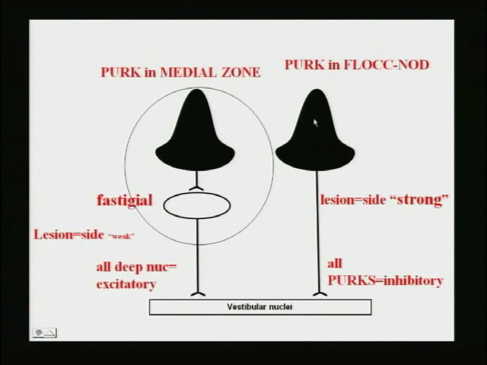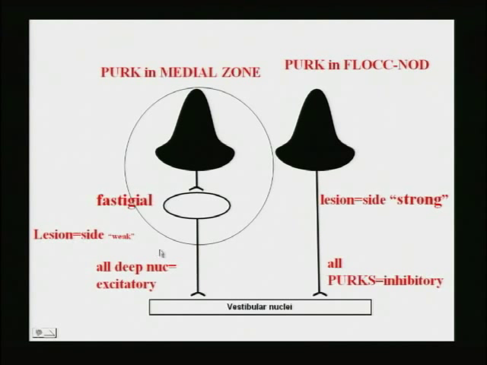And you know all Purkinje cells are inhibitory. So if you kill a Purkinje cell, you're losing inhibition to the vestibular nuclei. If you lose inhibition, that side is strong. That side is dominating. Now, I know from when I taught you in brainstem, you can take it from here.